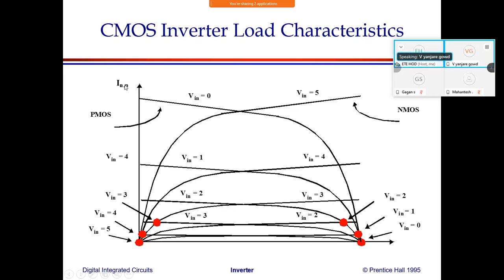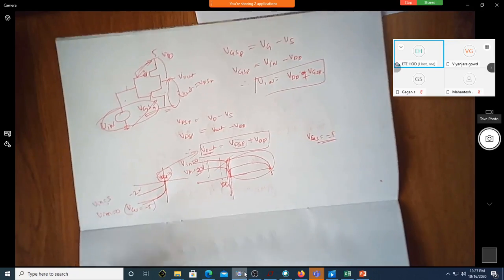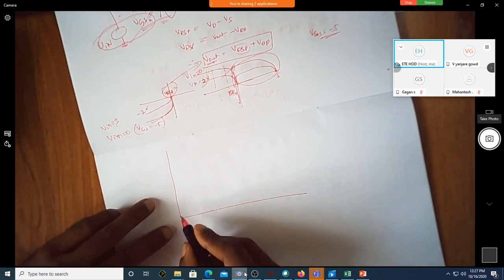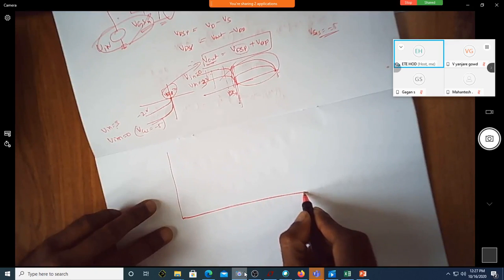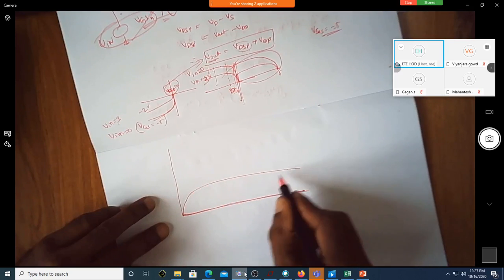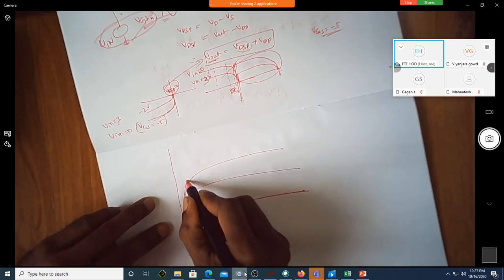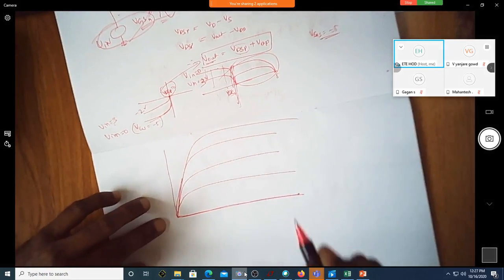I think we are able to rewrite this. Of course, seeing it, it looks very easy. When you start writing, we all will get it. So what we'll do, we will write it for the NMOS transistor. This is the NMOS transistor when VGS is 0, because the MOSFET is off. When it is 1 volt, 2 volt, 3, 4, or when it is 5, correct?